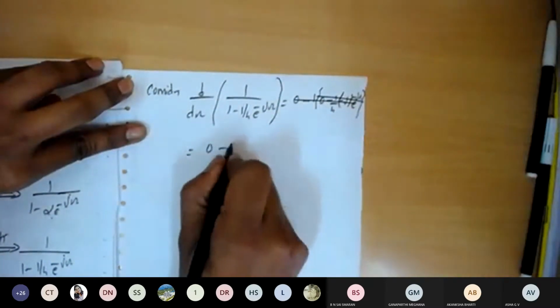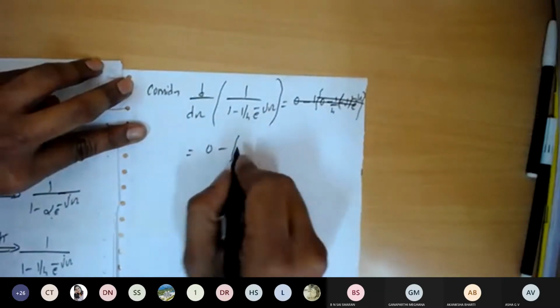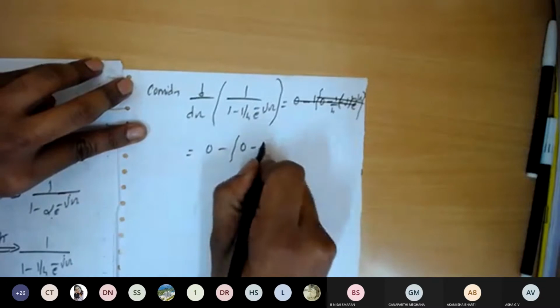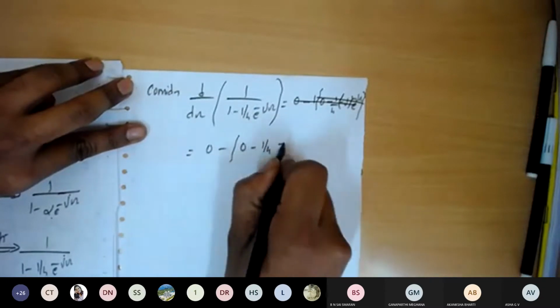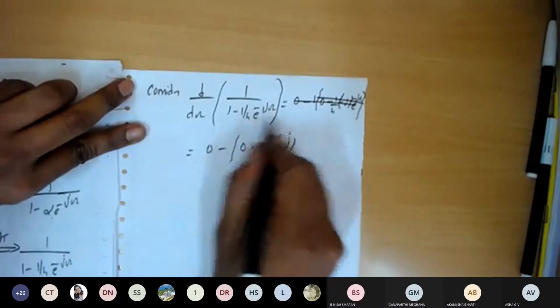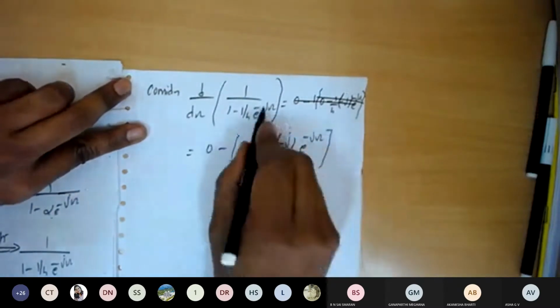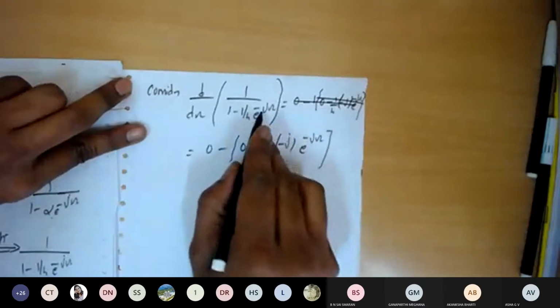So I'll rewrite here. It is 0 minus the differentiation of the first term, which is 0, minus 1 by 4 into minus j e to the power of ax. The differentiation is nothing but a into e to the power of ax, so it is minus j omega, because we are differentiating with respect to omega. So j is the constant here.